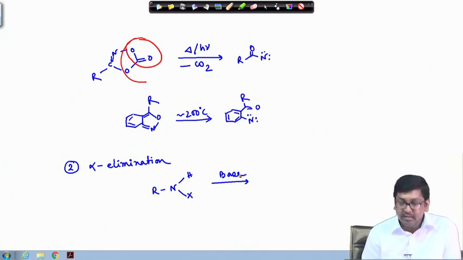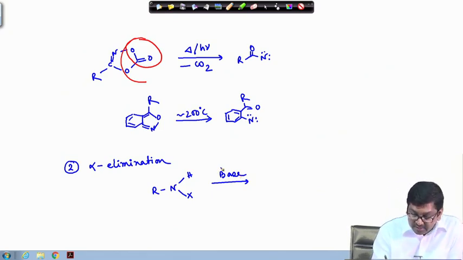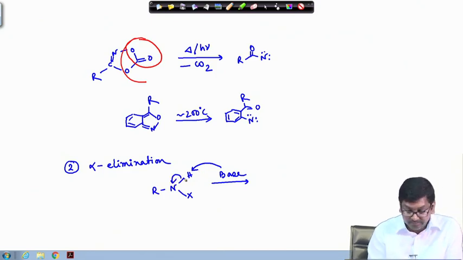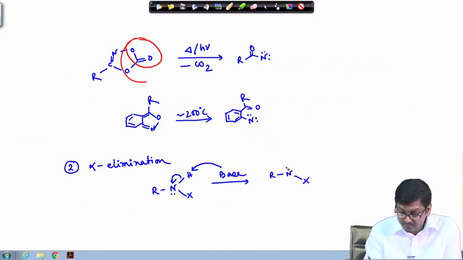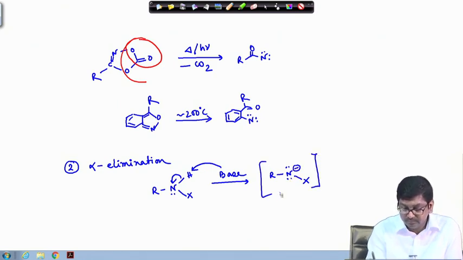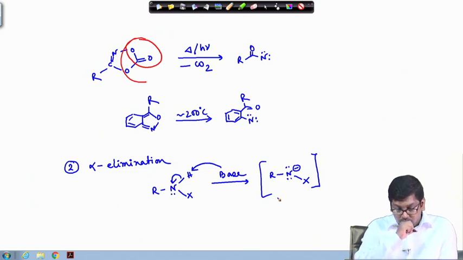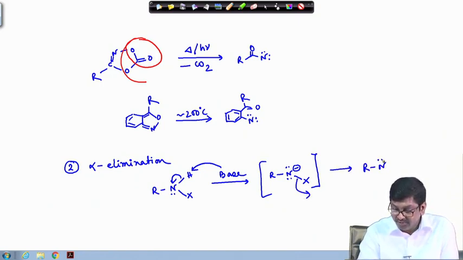Here it could be halides, it could be other leaving groups also. So, in presence of base, if that will pick up this, then obviously the alpha elimination will lead to the corresponding nitrene.